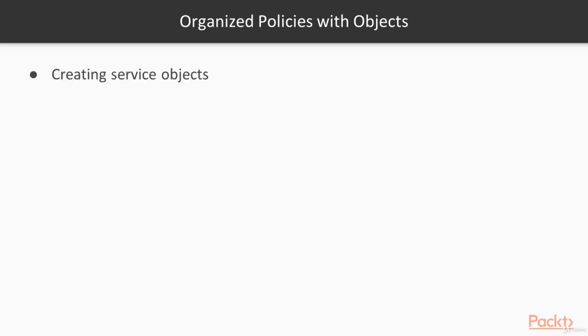So if you have custom ports, TCP 8185, or any custom port that there's no object for on the Palo Alto, we're going to create those custom ports, and it can be TCP or UDP. It depends on what type of transport it's currently listening for. If it's a UDP packet or TCP, we're just going to have that service object based on the type of service. Also, we're going to organize those service objects into service groups.